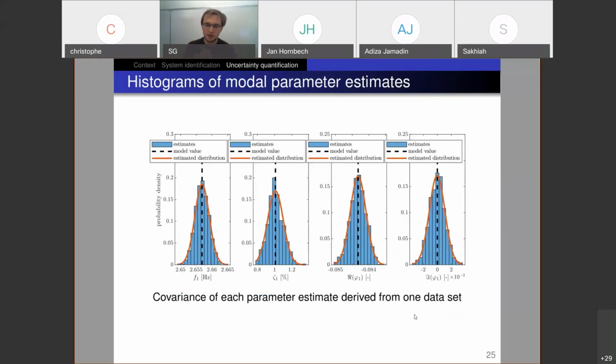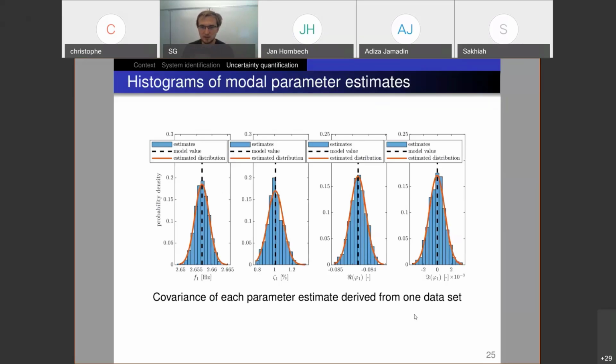Going back to our histograms and recalling that those histograms were created from 1,000 estimates of each of the respective model parameters, we can estimate the distribution function of any of the estimates corresponding to any of the 1,000 datasets and draw it centered around the true value of the model.